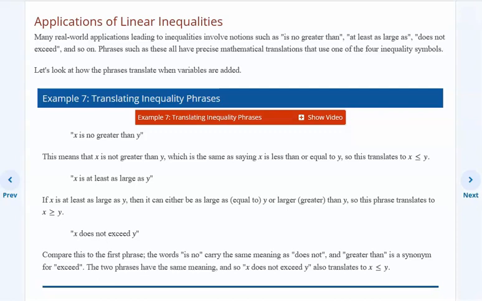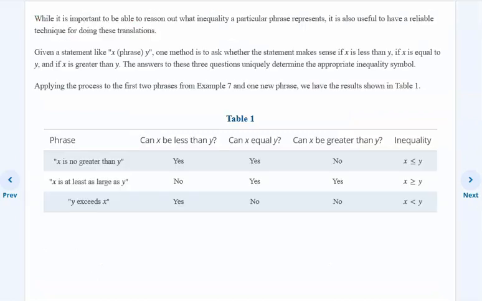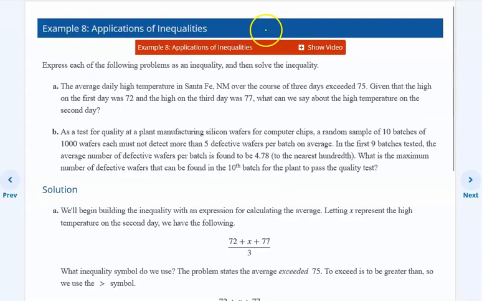Check it out. Again, pause, read it over. This is our last slide, our last example, example 8. Again, there's lots of reading. Look it over. How are you going to choose to do this?